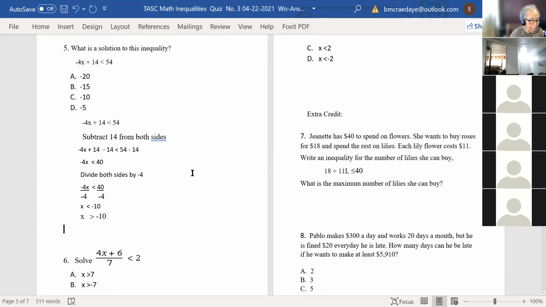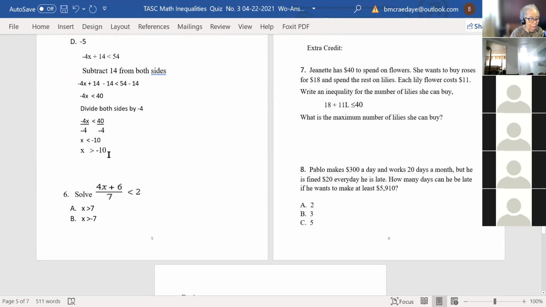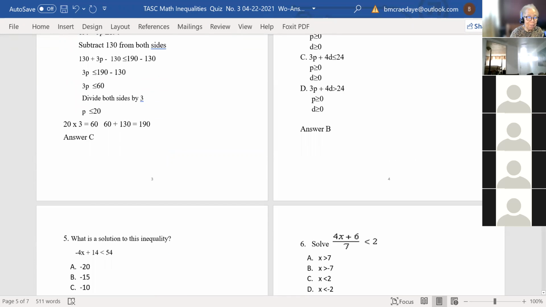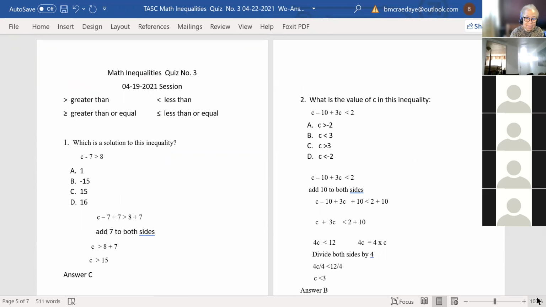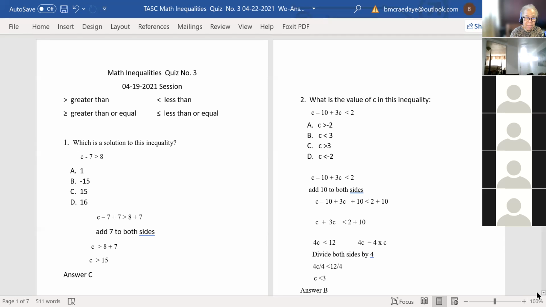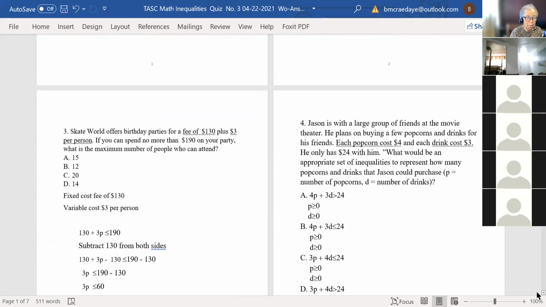Okay, let's look at number 6. Now, number 6 is a division. So the opposite of division is what? Multiplication. All right, Vanessa, how do we solve number 6? Let me bring up the screen so you can see number 6. I'm trying to remember to do this.